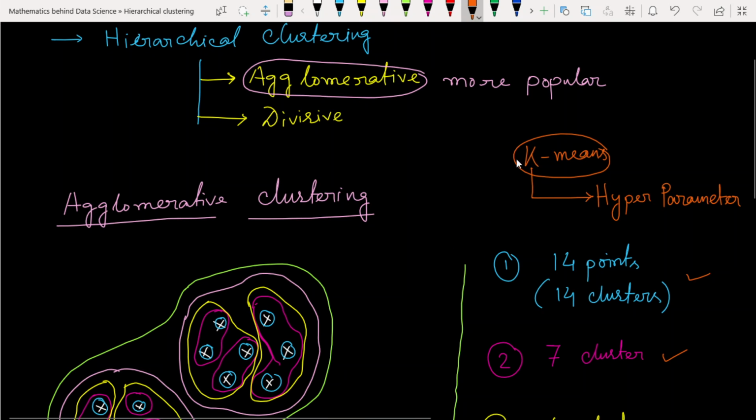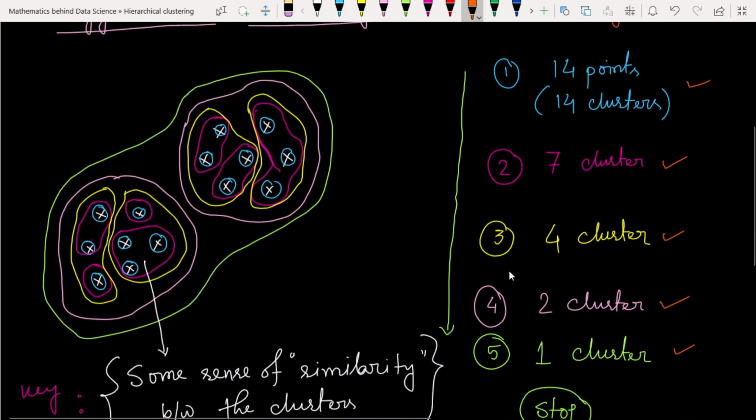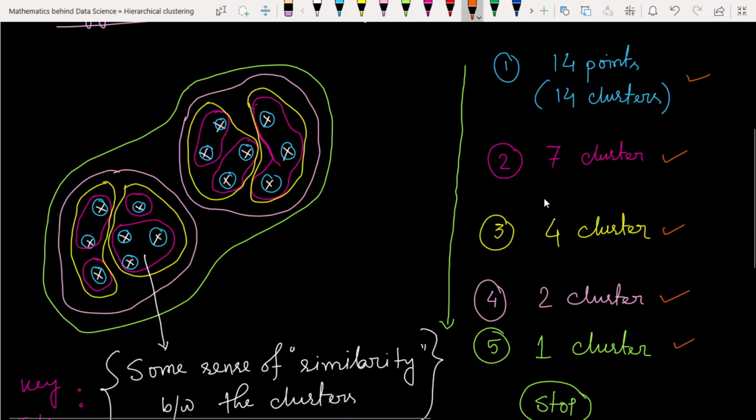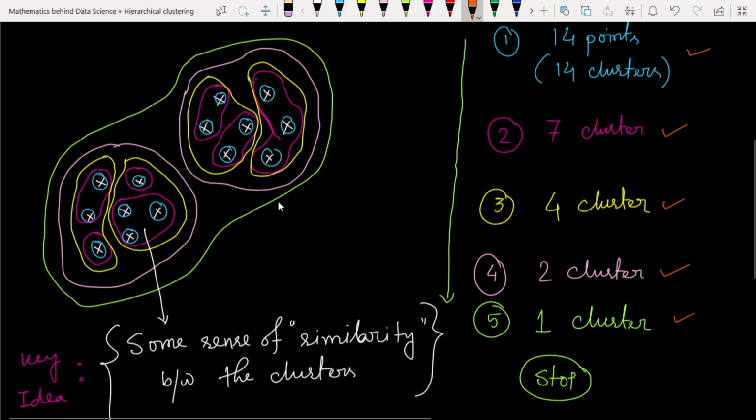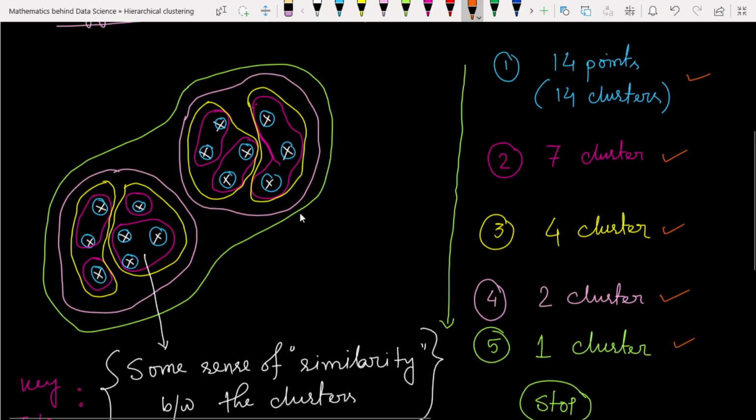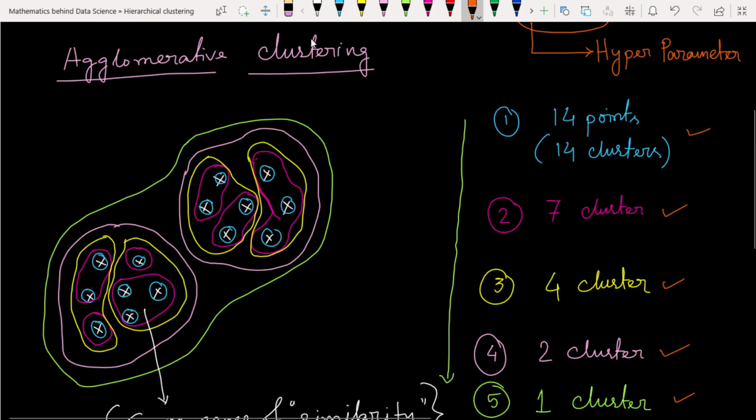You don't need to recompute by changing the K value, and the same calculations don't need to be repeated again and again. Just following these simple steps, we can easily make the clusters. And this is the main advantage of this algorithm.